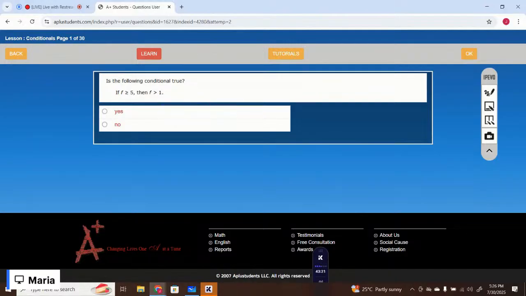Is the following conditional true? If f is greater than or equal to 5, then f is greater than 4. True it is.